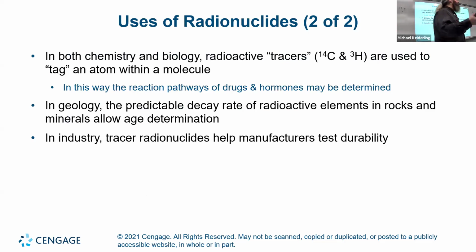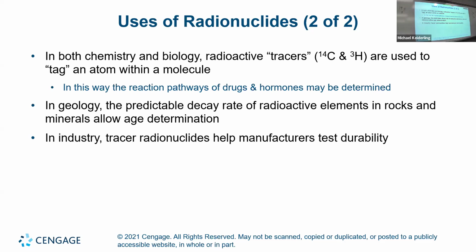And then in chemistry and biology, it's really useful to use radioactive nuclei as tracers, because you can detect them. So radioactive tracers like carbon-14 and tritium, hydrogen-3, are used to tag an atom within a molecule. This way, the reaction pathways of drugs and hormones can be determined. You can see where the actual atoms are moving around.